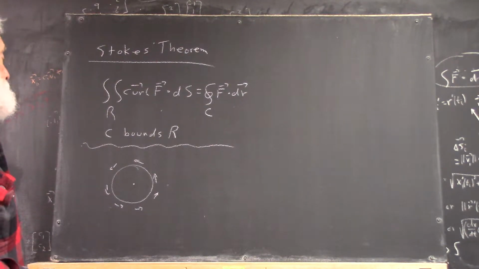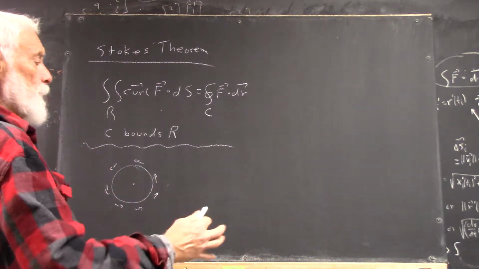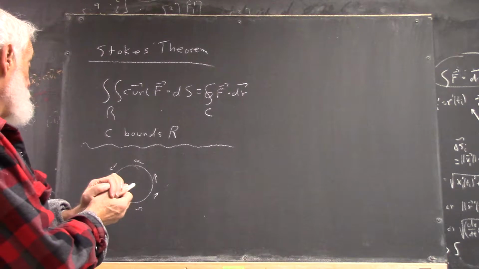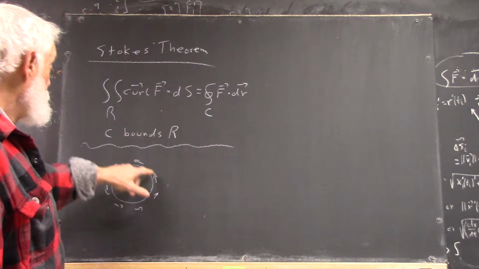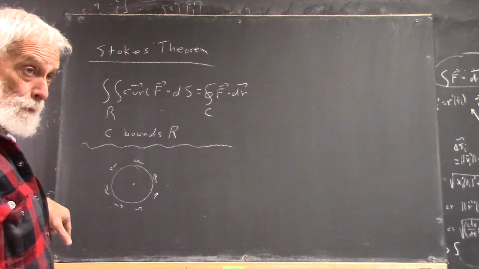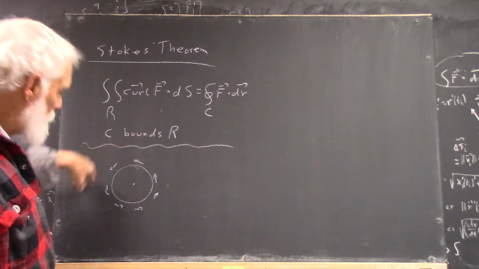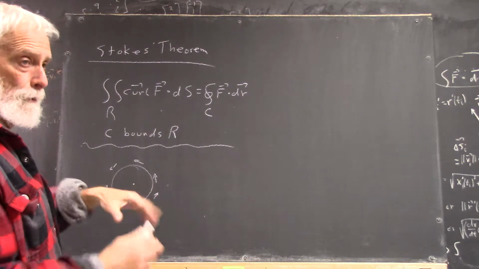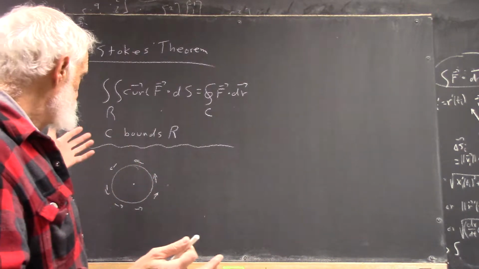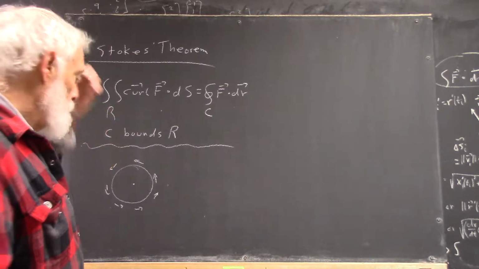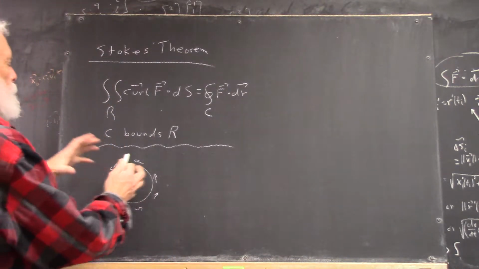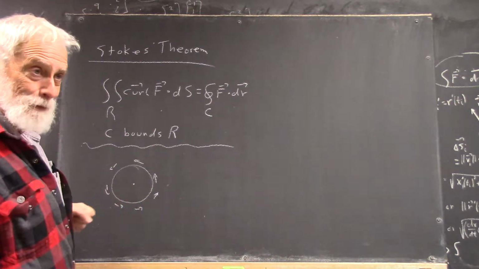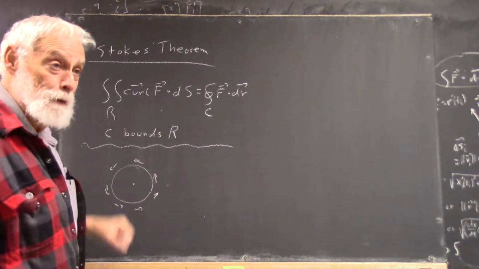It makes sense that the bigger the region, if this is a tiny region, then it's really easy to show that the integral of the curl around the boundary, the integral of f around the boundary is equal to the curl at the center with just a trivial discrepancy, okay? So it makes a certain amount of sense that if the region gets bigger, you got more curl inside of it, and of course you got a bigger boundary, right?